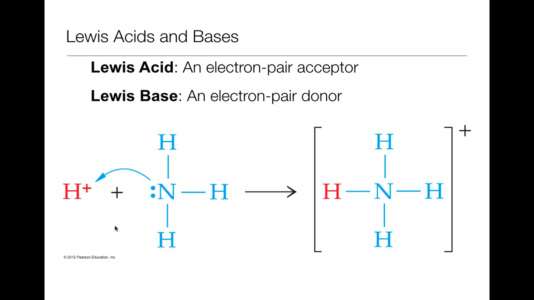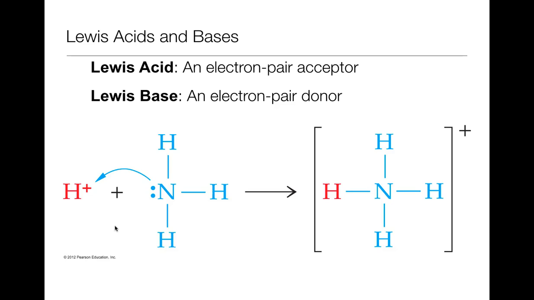So nothing's connected to hydrogen at all in this case. But if we look at the reaction of a proton with ammonia, we see that the lone pair on the ammonia can attack the hydrogen. So now we have a lone pair donor, which is our ammonia. So all Lewis bases have lone pairs. It donates it to the H+.